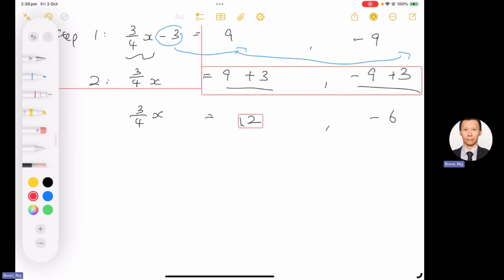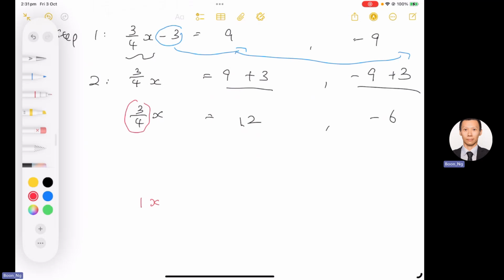All right, next, what we are going for is 1x. Because of this, we need to multiply by its reciprocal, so it's 4 over 3. When we multiply the left-hand side, we need to do exactly the same on the other side.